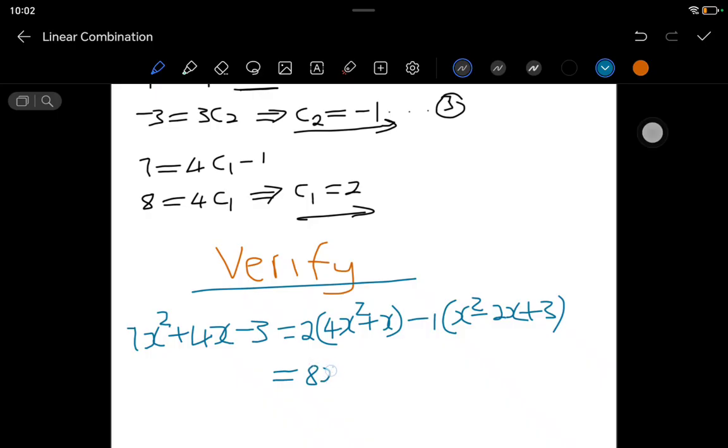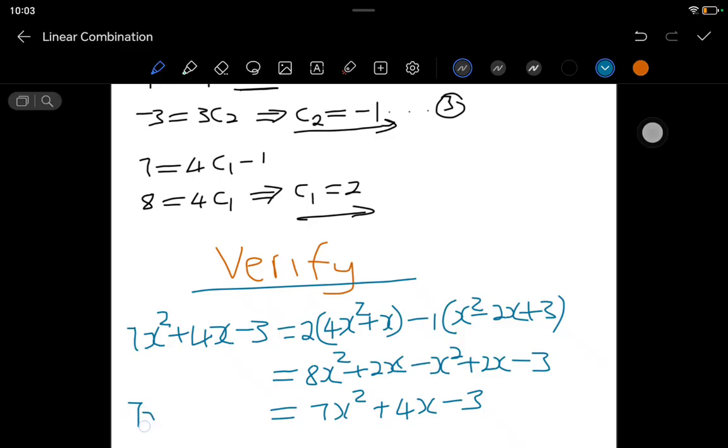This will be 8x squared plus 2x minus x squared plus 2x minus 3. 8 minus that is 7x squared, 2x plus 2x plus 4x minus 3. So we see that both sides are equal, right?